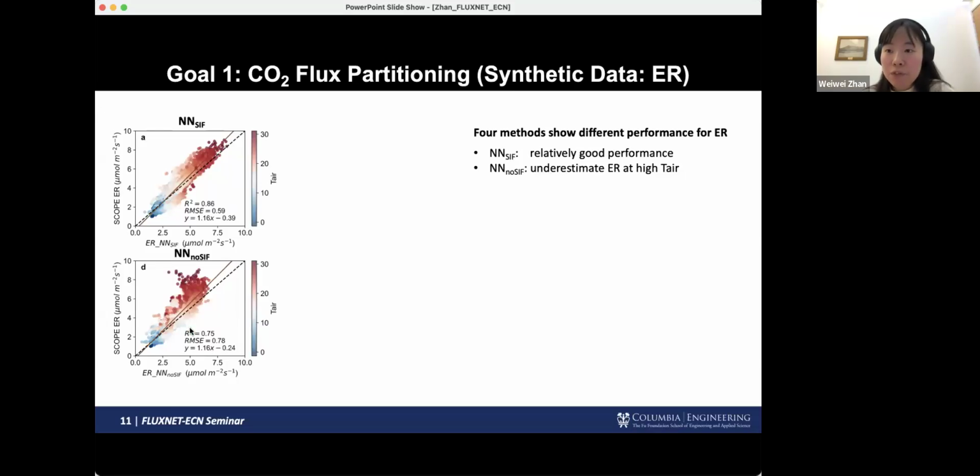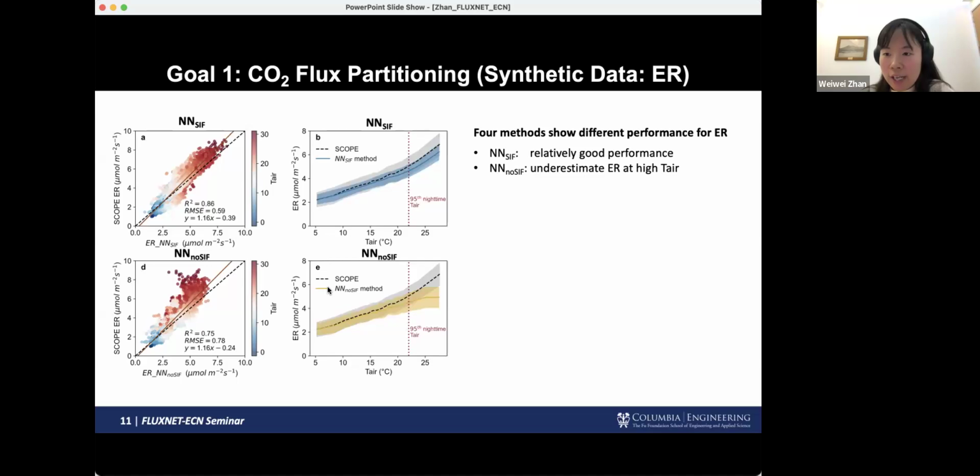Then we remove the SIF subnetwork, and for no SIF you can see that the scatters cluster above the diagonal line, which means that the partitioned respiration by no SIF underestimates the respiration, particularly for the scatters with more red color, which means under higher temperature.